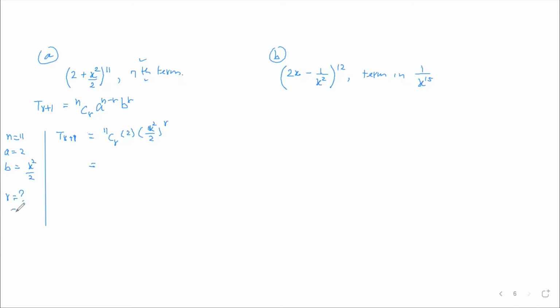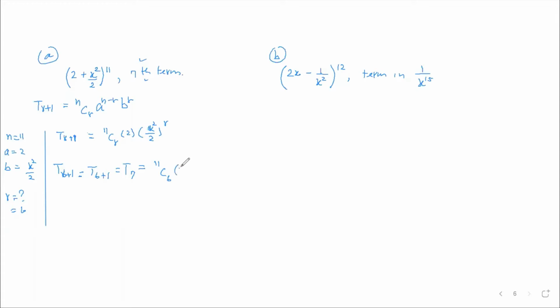We know now r equal to what? 6, right? Because if you replace r with 6, 6 plus 1 equals T7. And then this one equal to 11 C 6, right now r equal to 6.